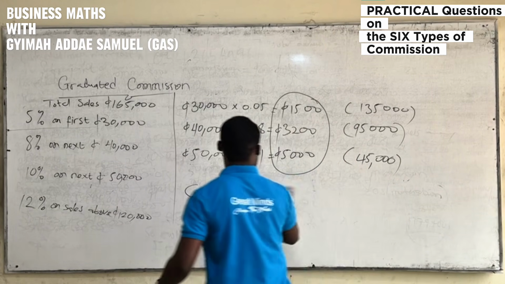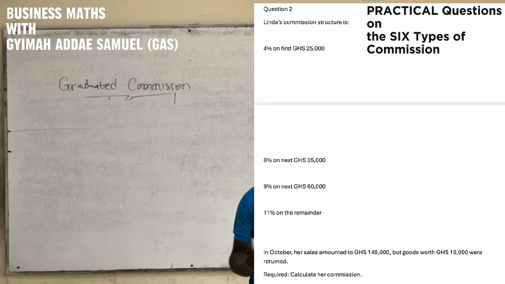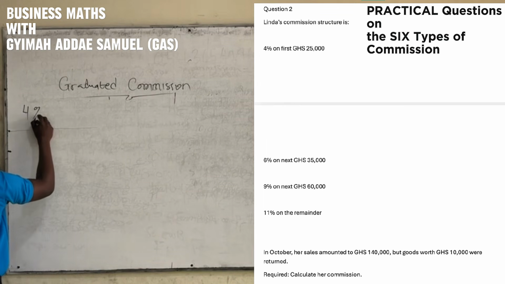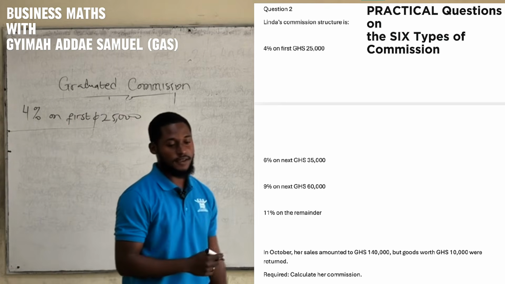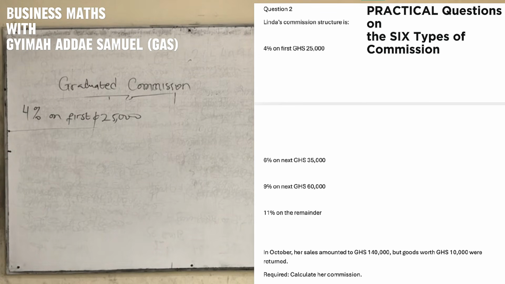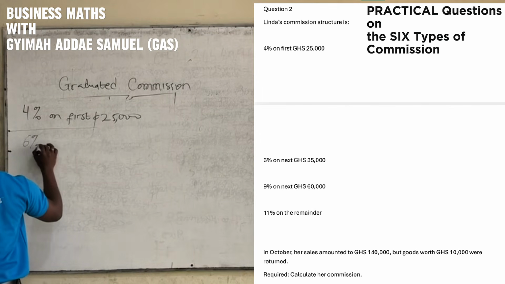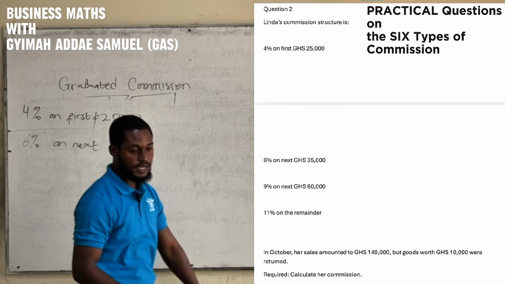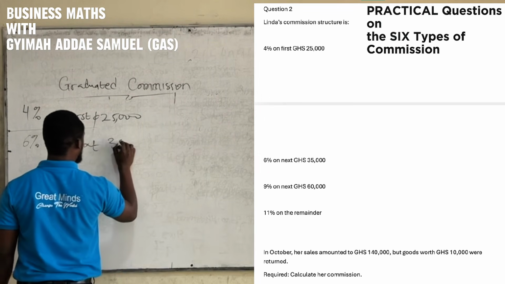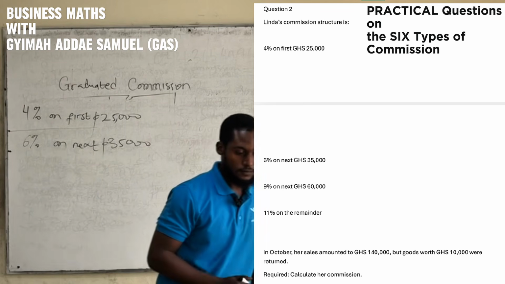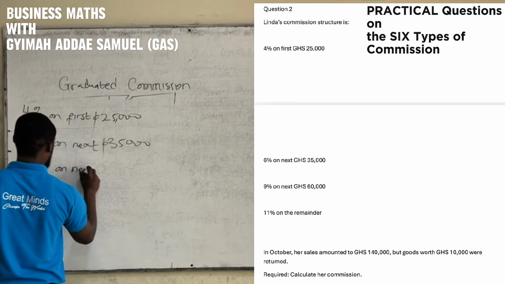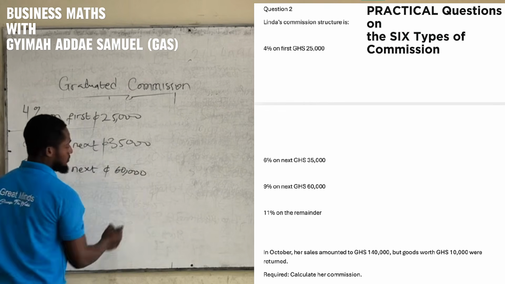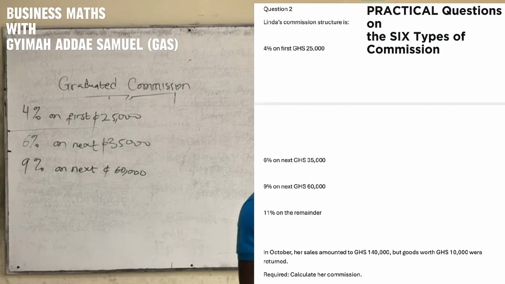We move on to the next question. Lender's commission structure is 4% on first 25,000. 6% on next 35,000. 9% on next 60,000. 11% on the remainder.